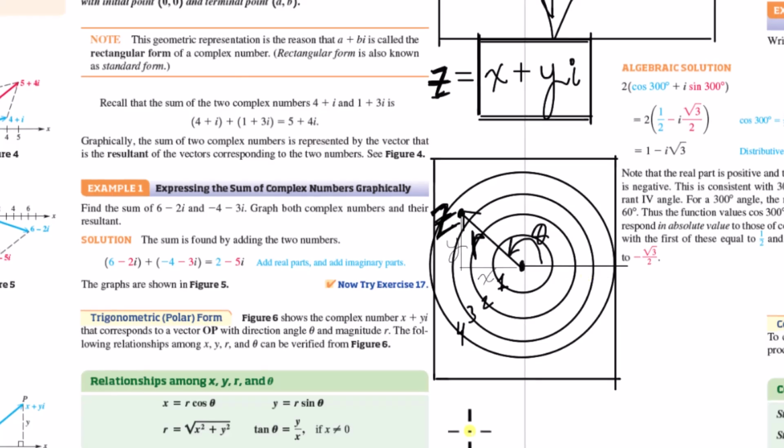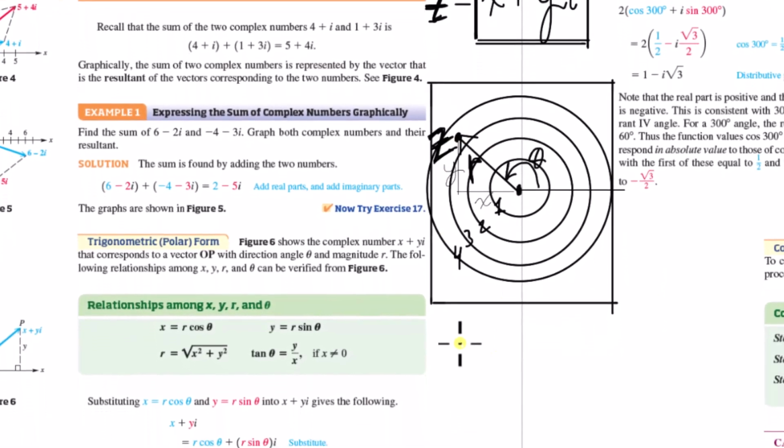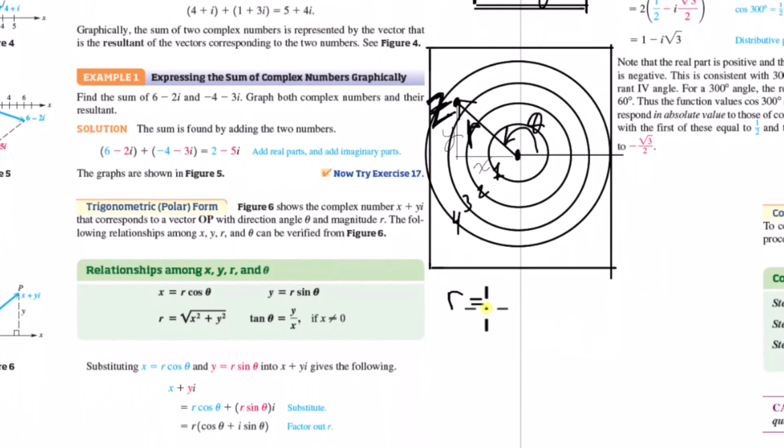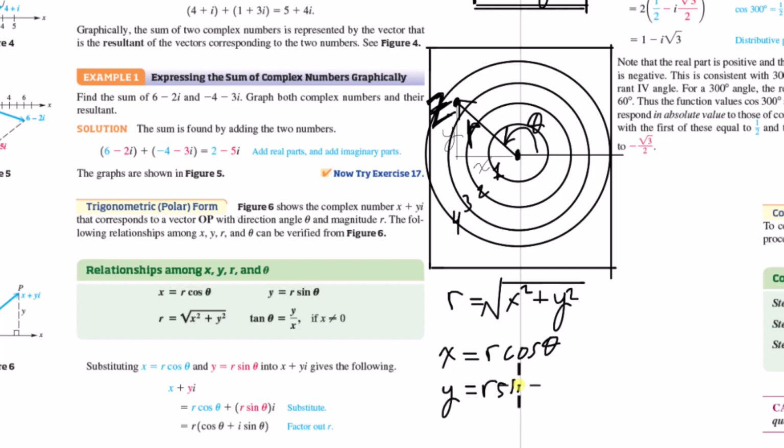From the Pythagorean theorem, r is going to be the principal root, the square root of x squared plus y squared. What else? We can see that x is going to be r cosine theta, and y is going to be r sine theta.